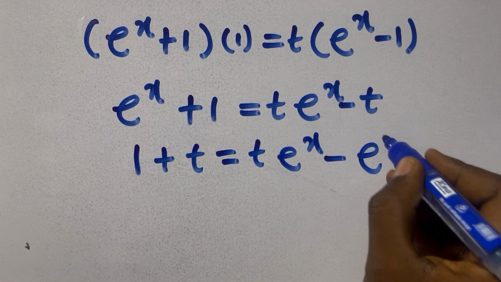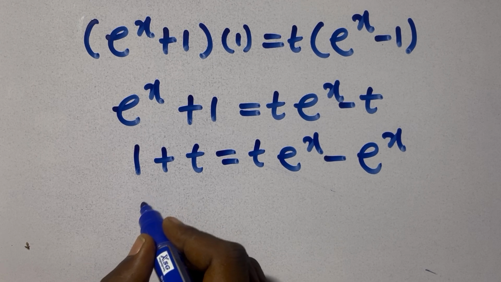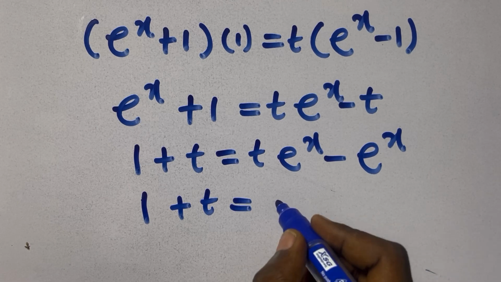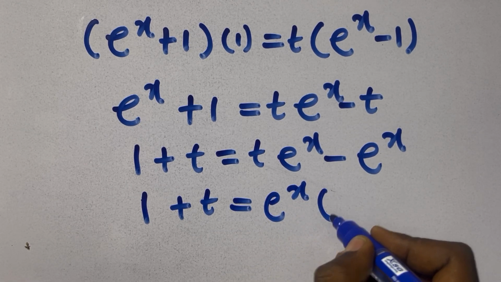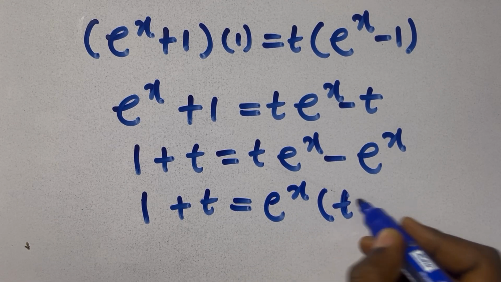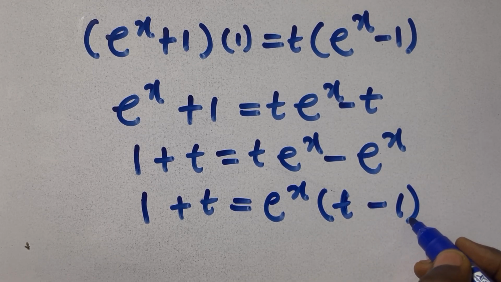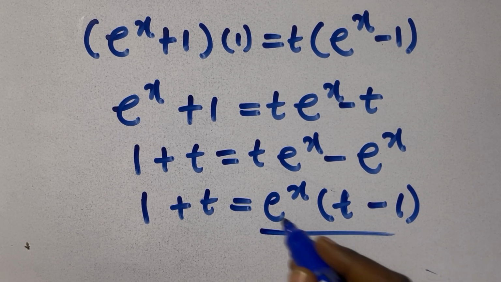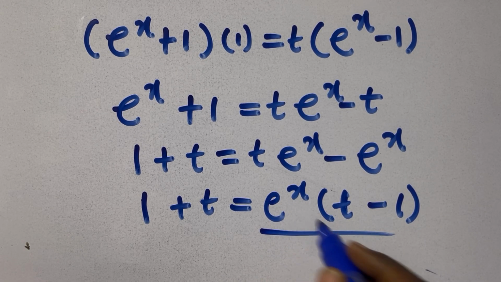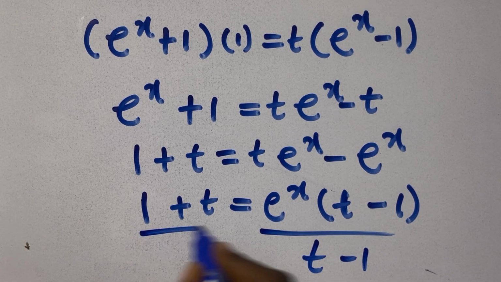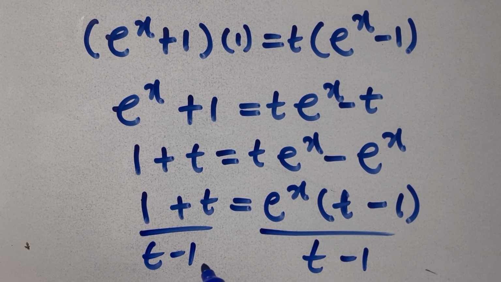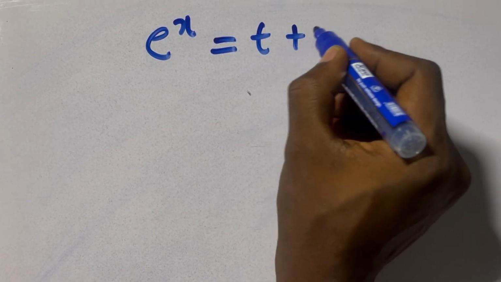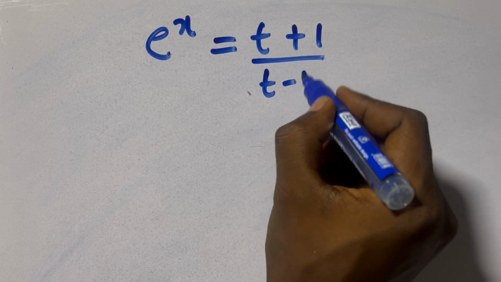Then we have eˣ in common, so let's factorize that out: 1 + t = eˣ(t − 1). Now we divide both sides by t − 1, the coefficient of eˣ. So we are going to have eˣ = (t + 1)/(t − 1).